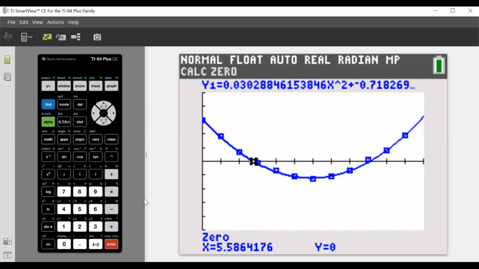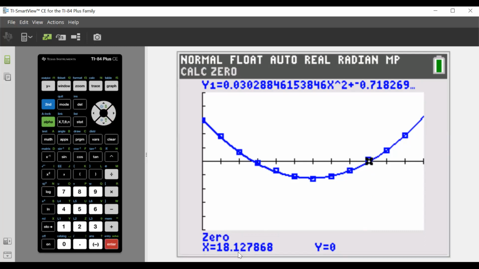And so then our second 0 is going to be on the other side. That's a negative, so that'll work. That's positive, so that'll work. Our guess, so we get 18.128. All right, so those, again, that's times.